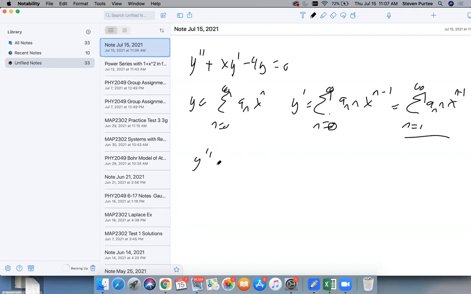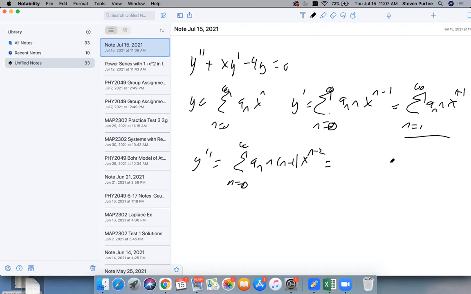And then y double prime will be the sum from n equals 0 to infinity, a_n times n times n minus 1, x to the n minus 2. This guy doesn't have anybody in front of him, and the first 2 terms are 0. I am going to fix this by raising all these up by 2.